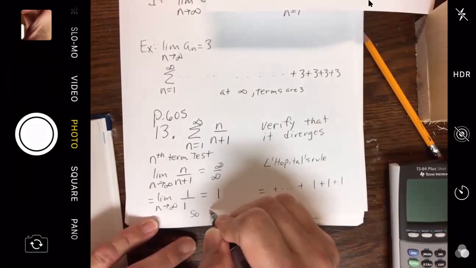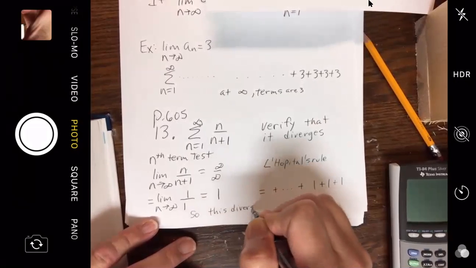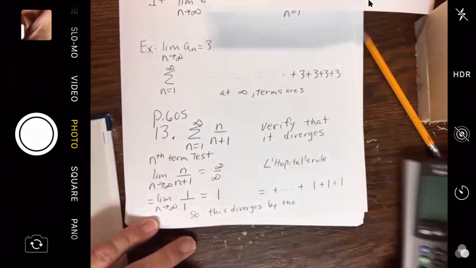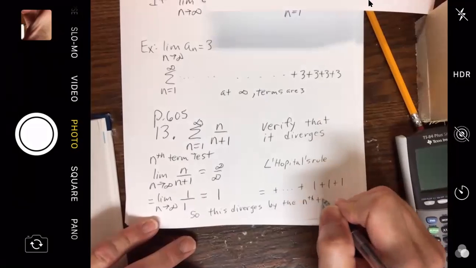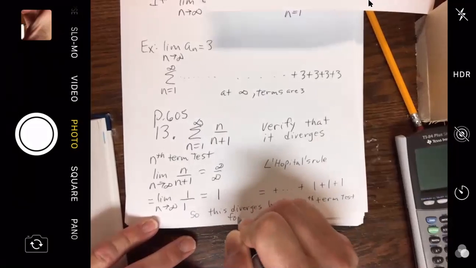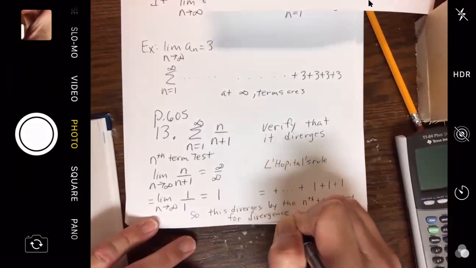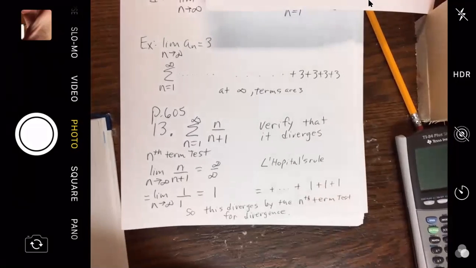So this diverges by the nth term test for divergence. Questions about that?